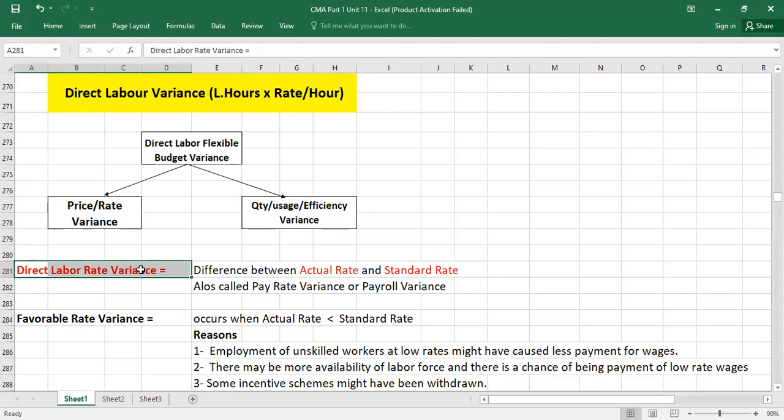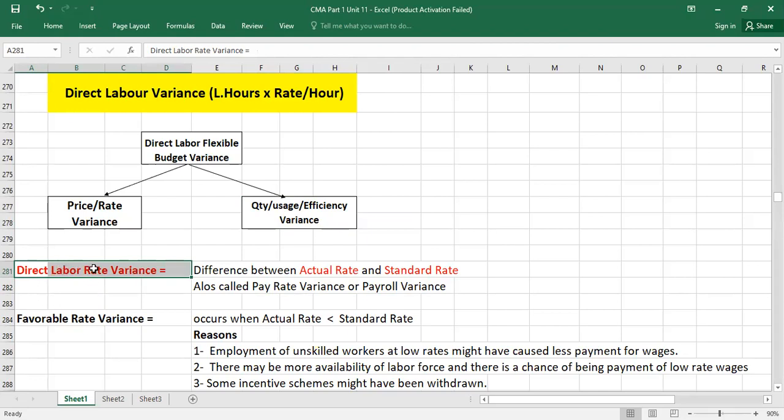Direct labor rate variance is actually the difference between actual rate and the standard rate. This direct labor rate variance is also called pay rate variance, or it is also called payroll variance. So the direct labor rate variance we can further divide into two sections.